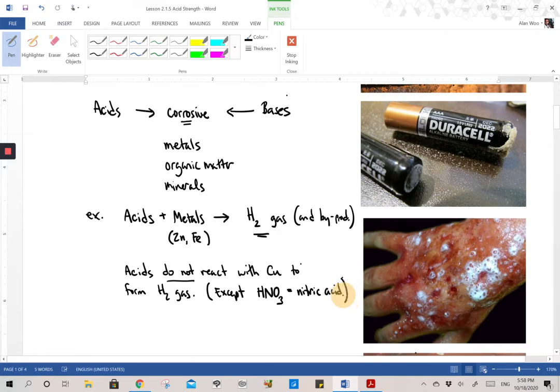In the future, I'll show you what happens when you react a little bit of nitric acid with copper. It actually produces some gases that are toxic to humans, and in my opinion, a little bit more dangerous than hydrogen gas. But again, we'll talk about that in a future lesson.